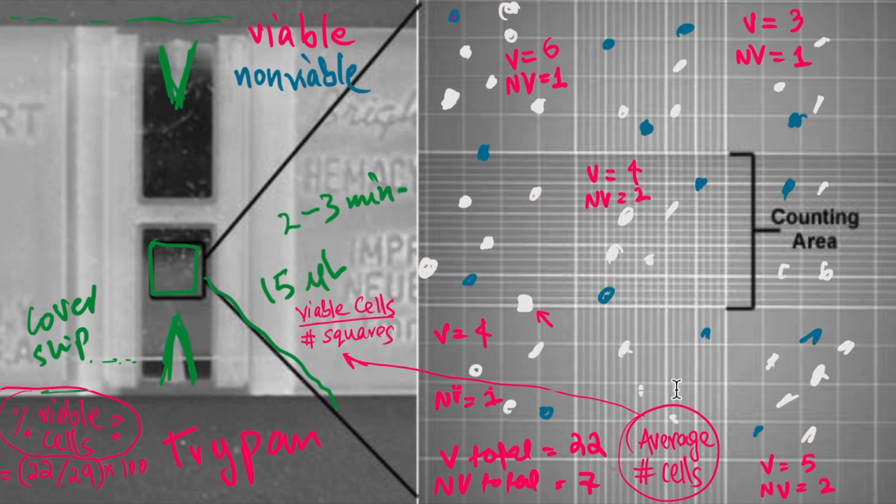So that is 22, which should equal 22 over 5 as the average number of cells per square. So that is another parameter that we are typically interested in.